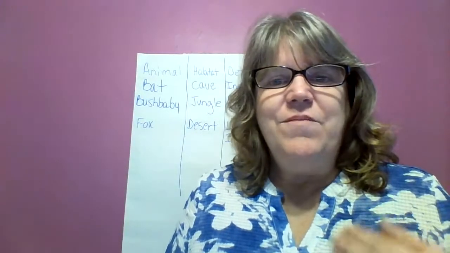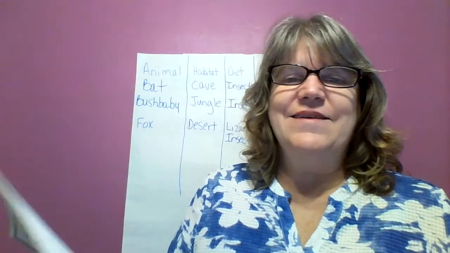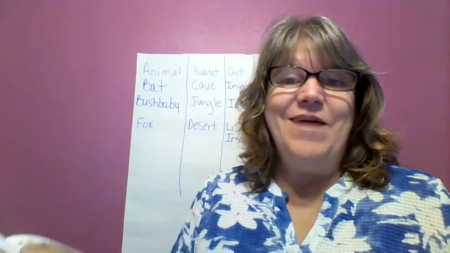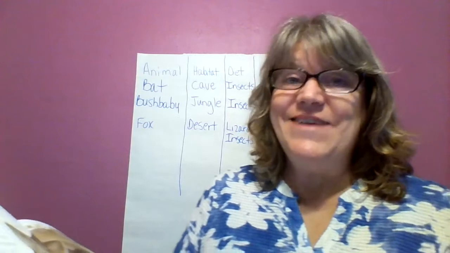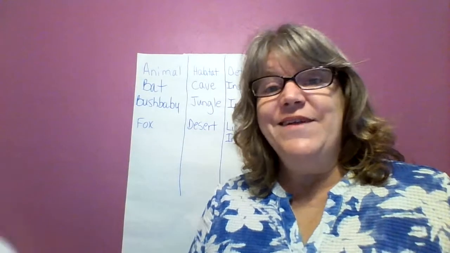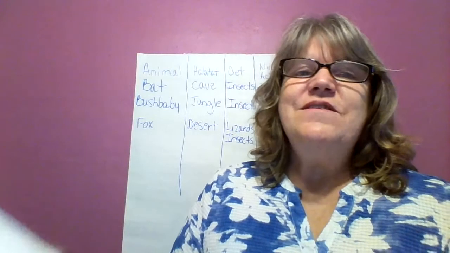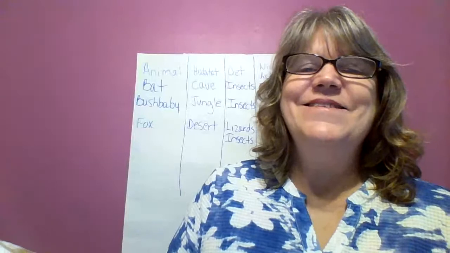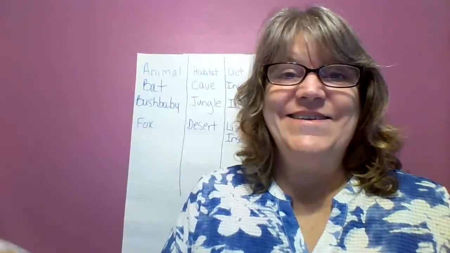But here in Virginia Beach, we don't live in a hot desert, but we have fox here. I'm sure many of you have probably seen a fox from time to time. And they live in the woods here. So different types of foxes live in different habitats. So that's something to keep in mind too.